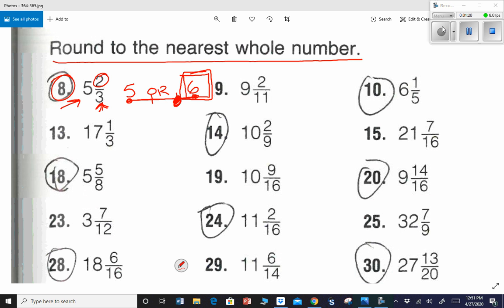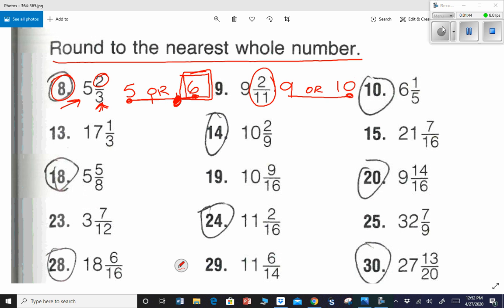Let's go over here to number 9. 9 2/11 is between 9 and 10. So your two choices are 9 or 10. I'm hoping you know that 2 is way less than half of 11, so it doesn't make it halfway to 10.